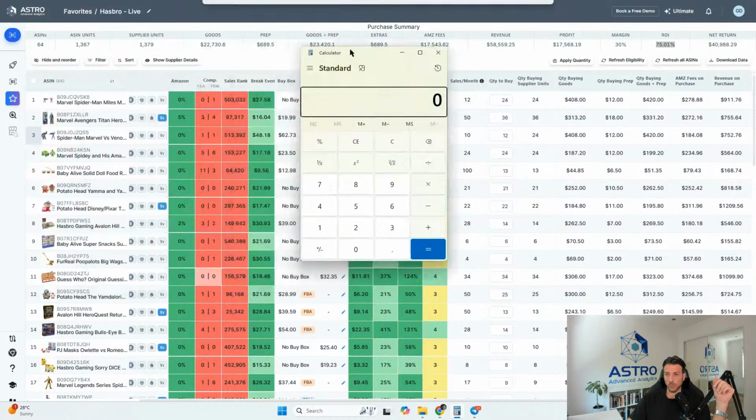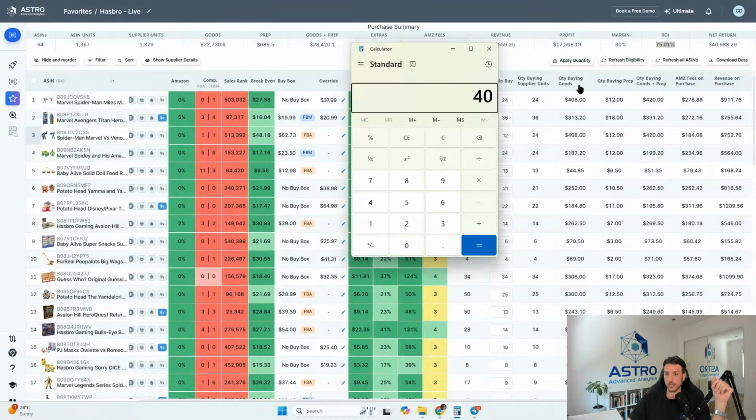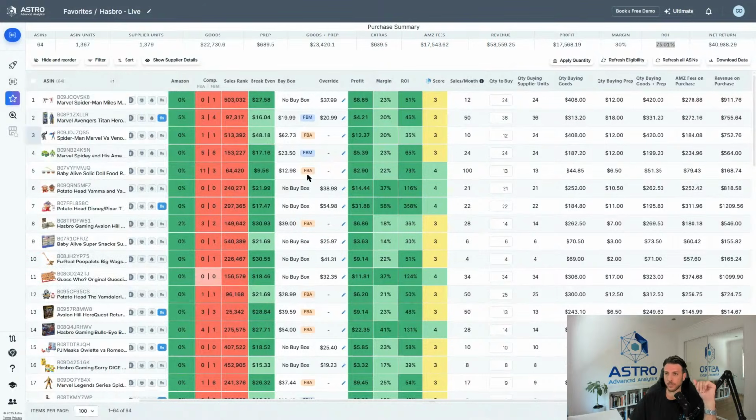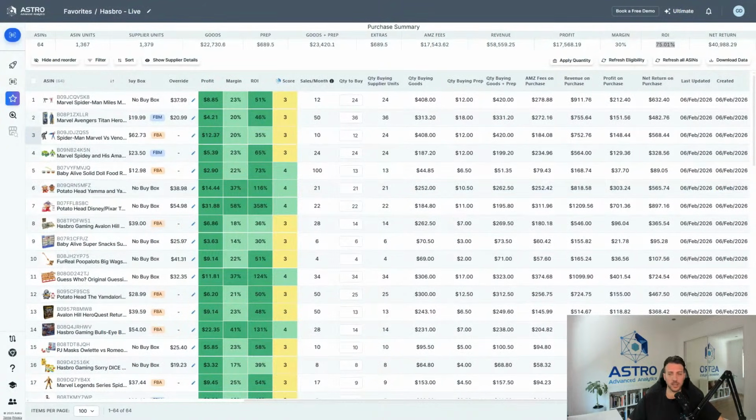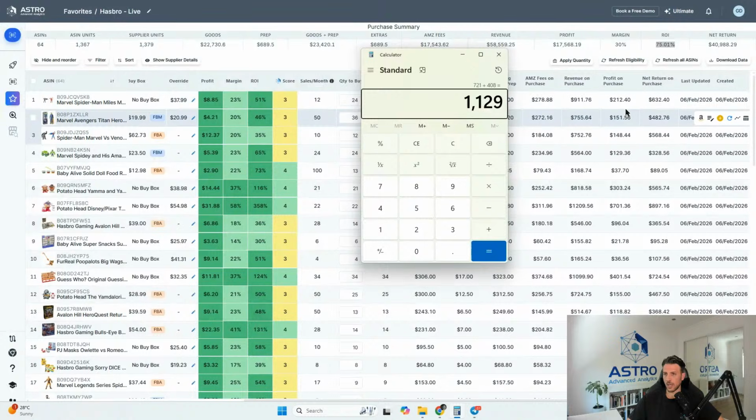So this order would cost us $408 plus $313 plus another $408. So $1,129 order. And by the way, this has no discounts applied to it. These are the prices from the website. And the profit would be, so 1129 as order size, and the profit would be 212 plus 151 plus 148.